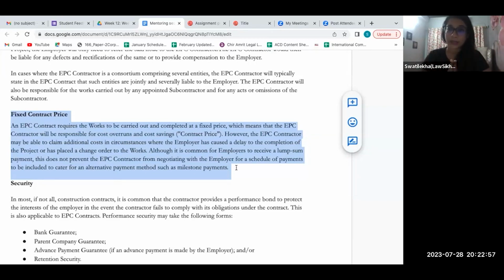The contract price is fixed since the beginning, and that is the price which is paid. At the end of the project, if there is any reimbursement for incidental costs, that will not come under the definition of your contract price. Those were not contemplated when you entered into this contract, when you defined your contract price, right?